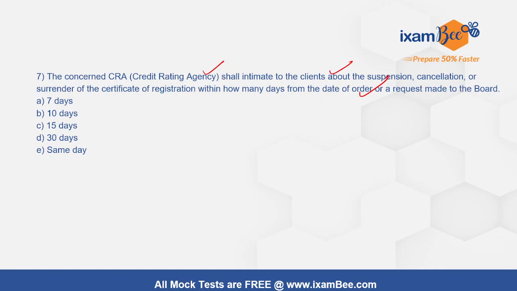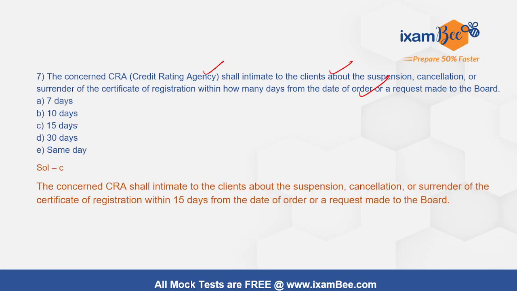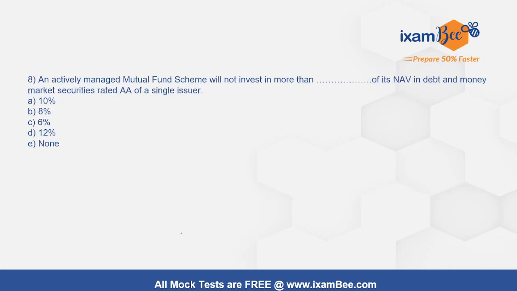These credit rating agencies have to prominently disclose the order or the request on their website, and they need to communicate to their clients. The answer for this is 15 days. So they will intimate to the clients about suspension, cancellation or surrender, whatever the case may be, within 15 days from the date of order or request made to the board, right?